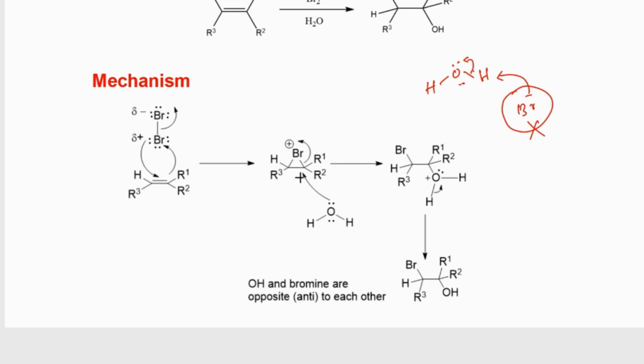The water will come and attack, so that we have to consider. When water attacks by the same mechanism, the positive charge gets stabilized, and we get the product this way. You see here the bromine and OH groups are opposite, so this mechanism is also by anti-addition.